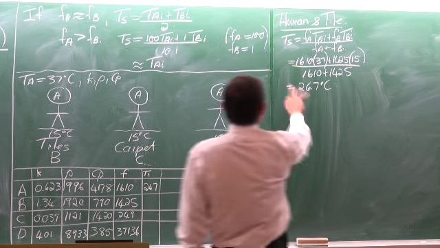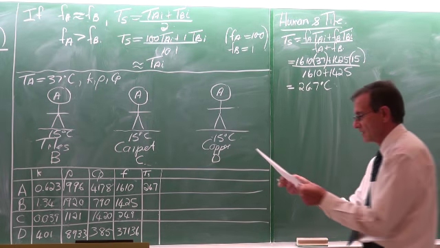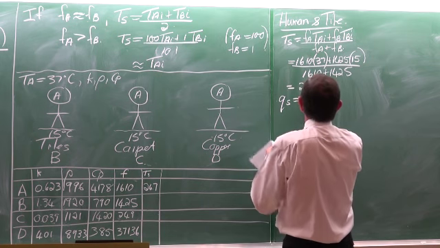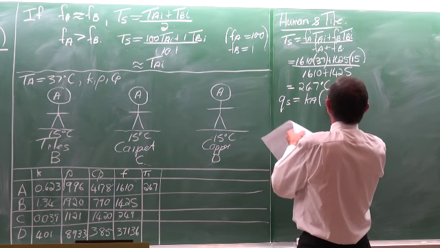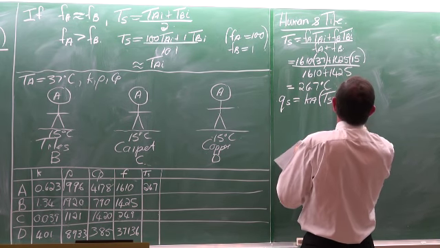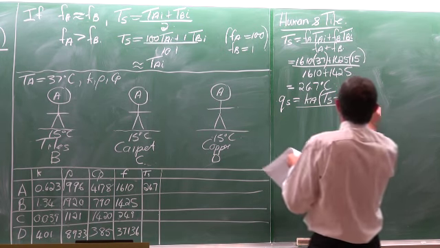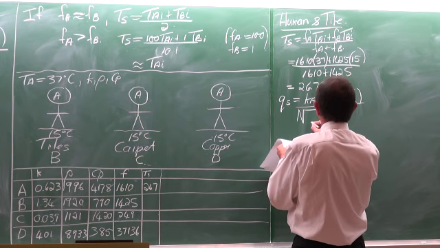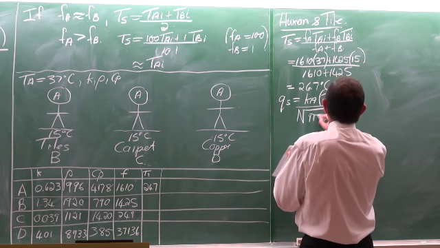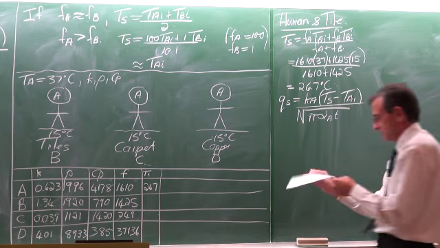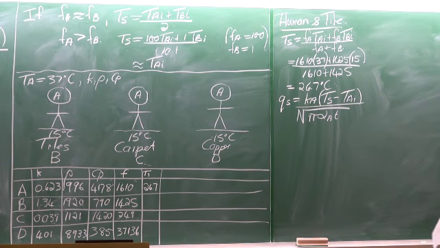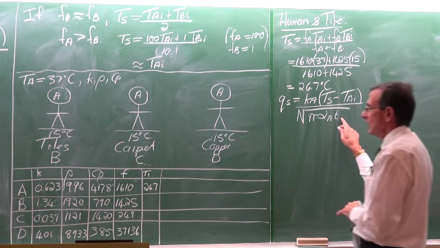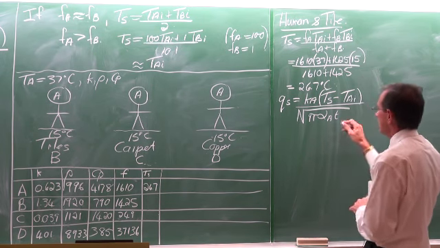So surface temperature is 26.7, and now we can calculate the heat flux, which is equal to Ka multiplied by Ts minus the initial temperature, divided by the square root of pi alpha A multiplied by T. And for the T, now we have to decide when.